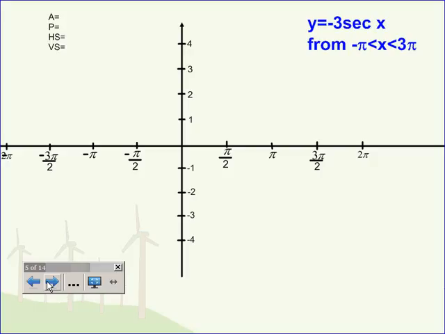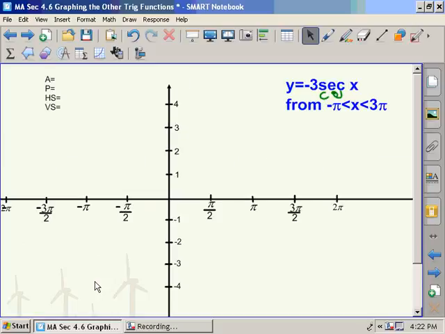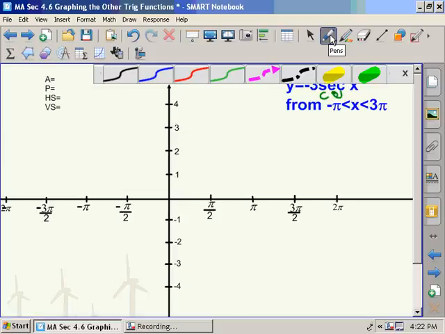Here's a secant. Which function is this the reciprocal of? It's the reciprocal of the cosine. So, what's our mnemonic device for the cosine? Anybody?